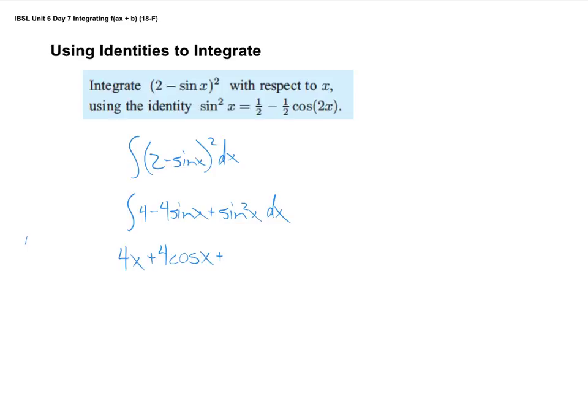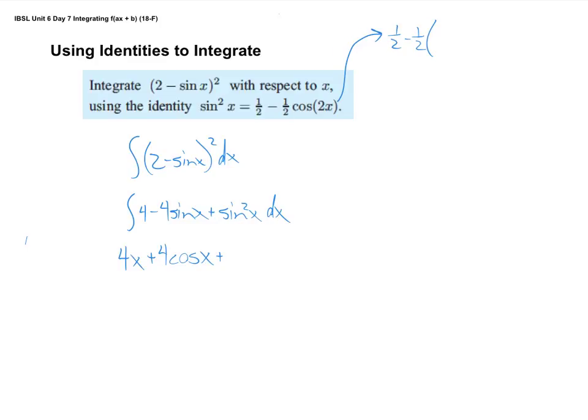Now, if we were asked to show this, we see this cosine of 2x. Remember, when you're trying to verify an identity or prove something, we'll typically start with the more complicated side. So I would start with the 1/2 minus 1/2, and I'd look at that cosine of 2x, and I've got to get sine squared out of it.